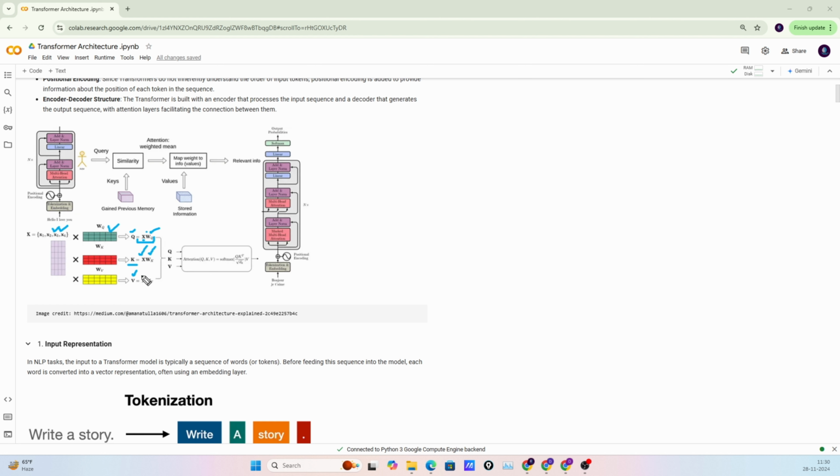And in the same way we calculate the value vector as well. Then we perform the dot product between query and key, and this dot product provides us the similarity, the weightage, showing which words in the sentence are similar and more relevant. And then we apply those weights.